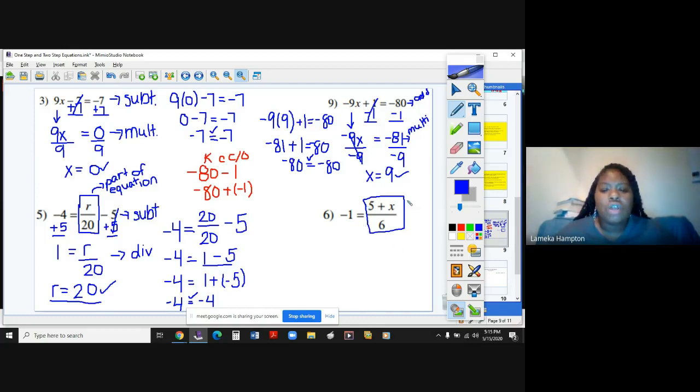This is a whole fraction, okay? So this is the entire equation because it's equal to one thing. Whereas number 5 had a fraction, but it was minus another number. So remember, catch the difference because you wouldn't solve number 5 and number 6 in the same manner, okay?